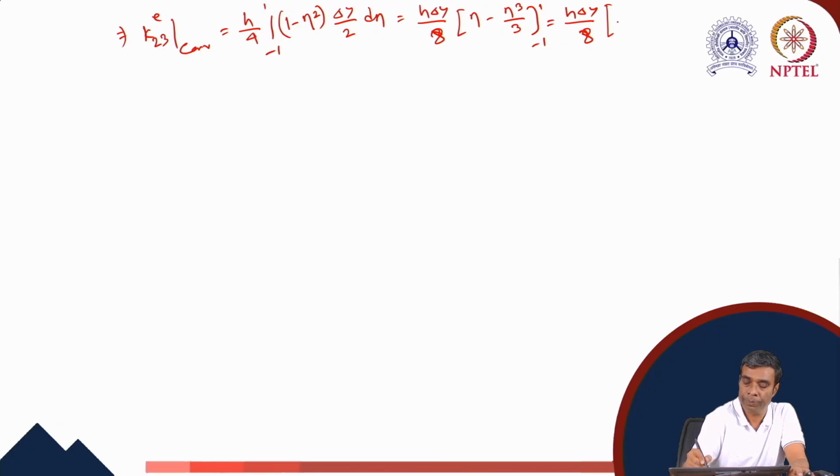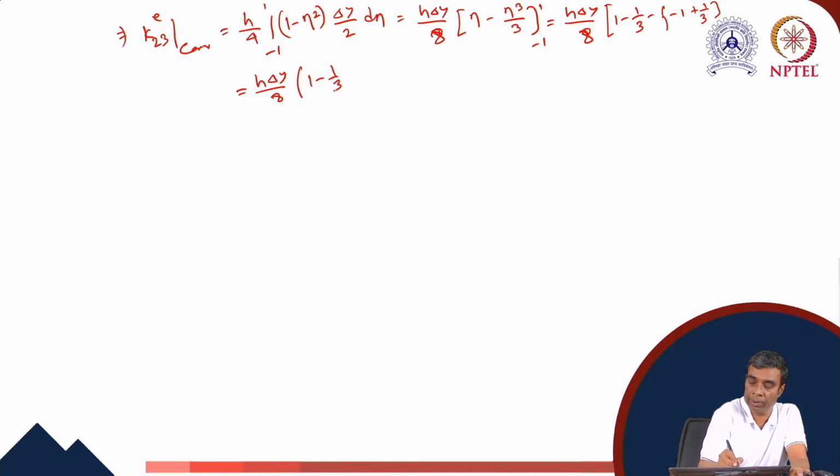We have 1 minus 1/3 minus -1 plus 1/3. This equals H delta y by 8 into 1 minus 1/3 plus 1 minus 1/3.